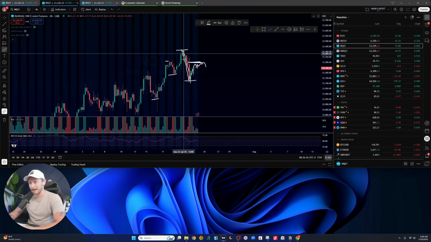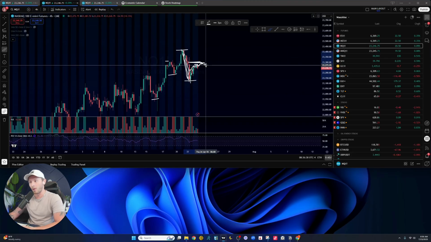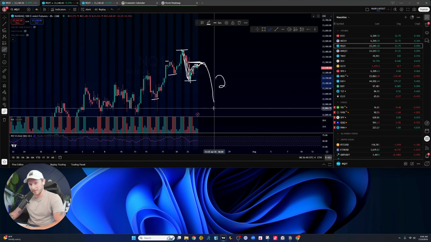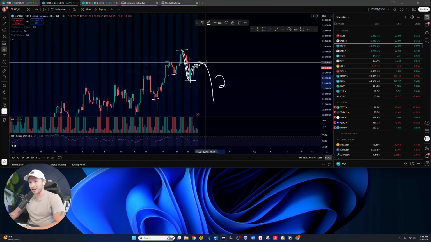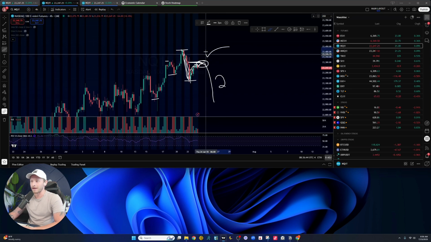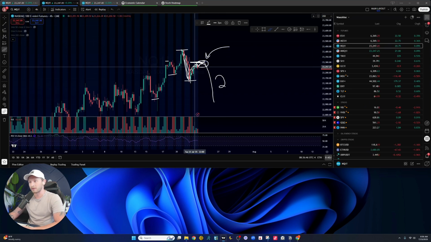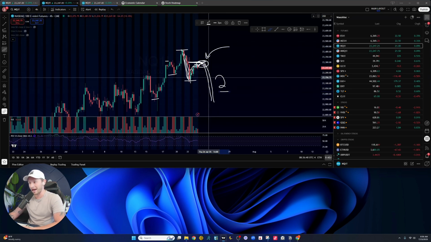Where's the most realistic area to see that lower high form before seeing that potential second leg to the downside? And the objective is to identify where that lower high is most likely going to form to get short and ride this down on that second leg.